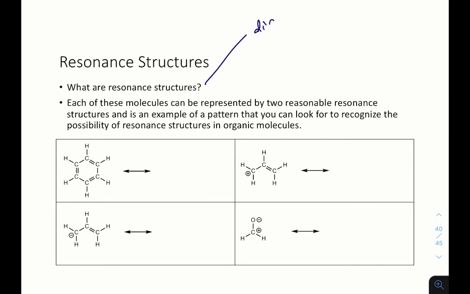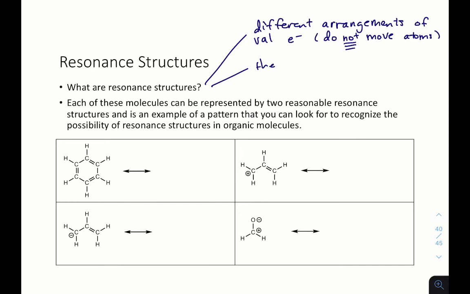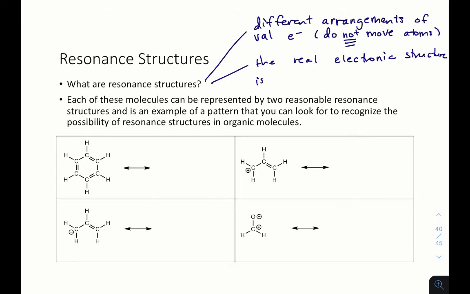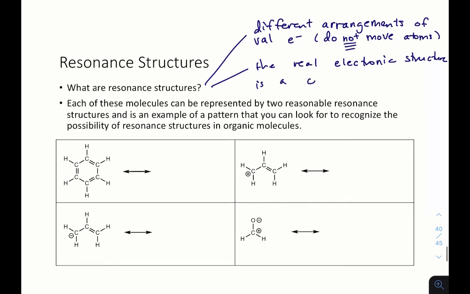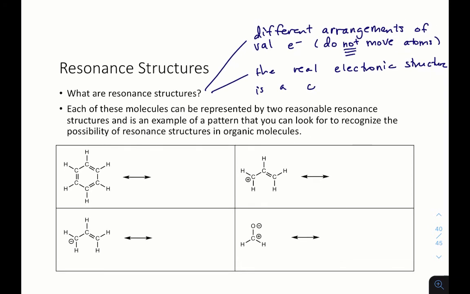The real electronic structure of a molecule that is described by resonance structures is a composite, a combination of all the resonance structures that you can draw. It might not be an equal composite. There can be major and minor resonance structures, but the real molecule is a composite of the resonance structures.